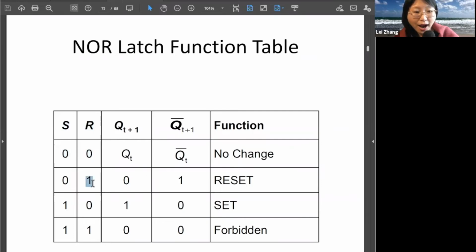When reset is set to 1, the output will be 0. When set is set to 1, the output will be 1. When they are both 1, the output is 0, but the function here is actually forbidden. You shouldn't have this condition.